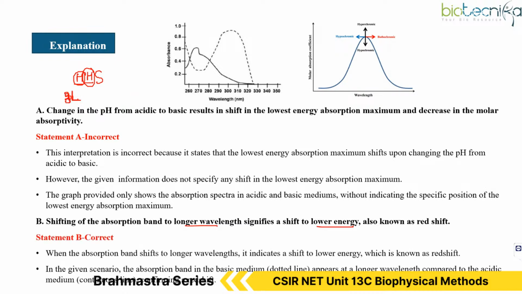So statement B is absolutely correct, because a few minutes back I told you that if you see the dotted line, which indicates basic medium, the absorption band in basic medium appears at longer wavelength compared to acidic medium, confirming a red shift.